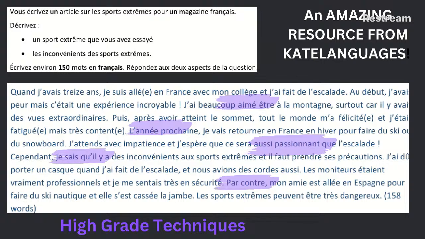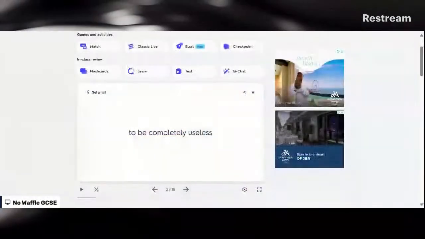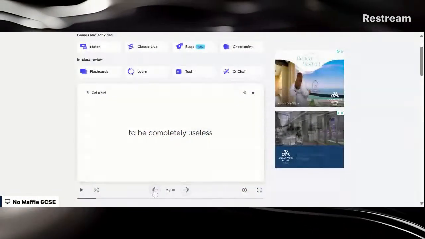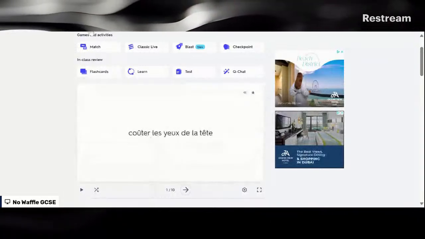So you've got to cost an arm and a leg, goûter les yeux de la tête. To be completely useless. If you want to write them down, just tell me to pause, and then I can go slowly over them.